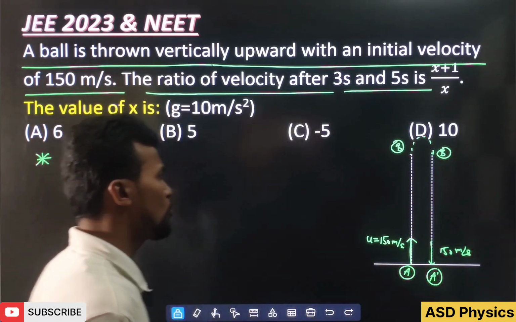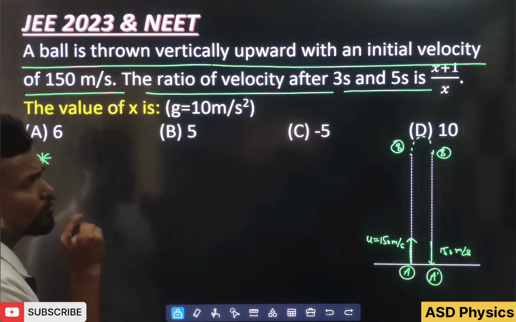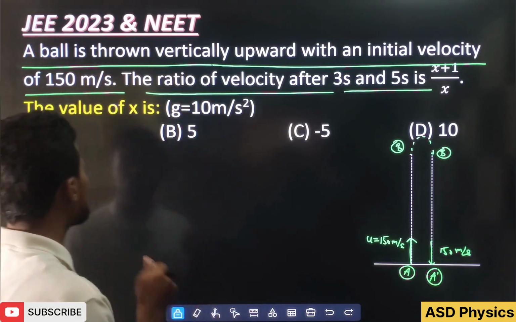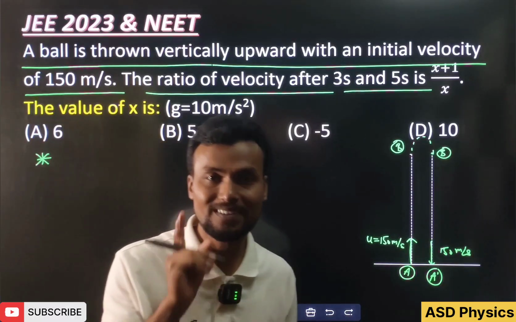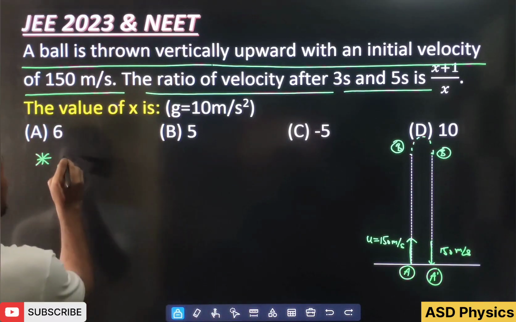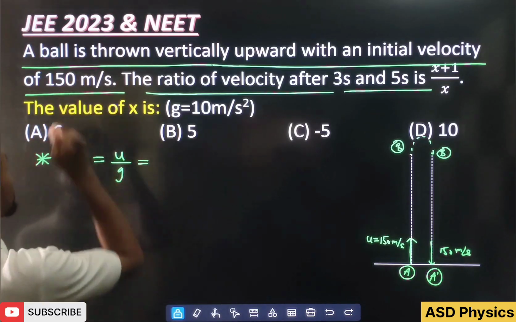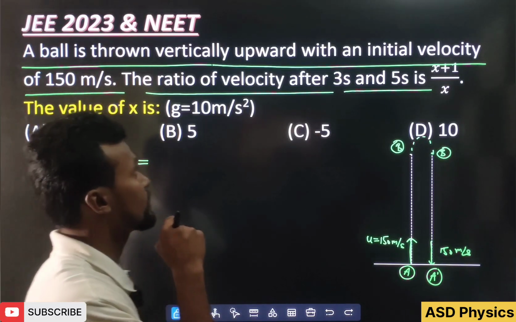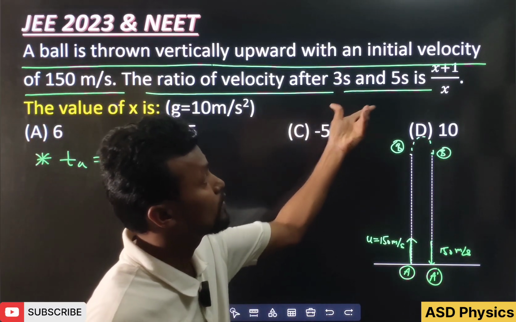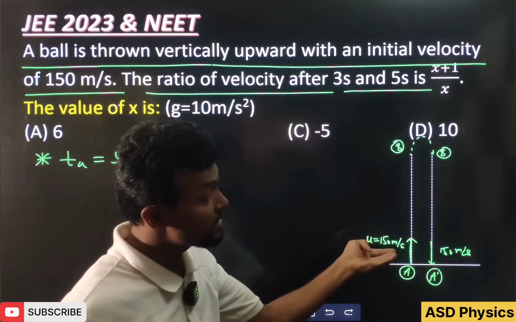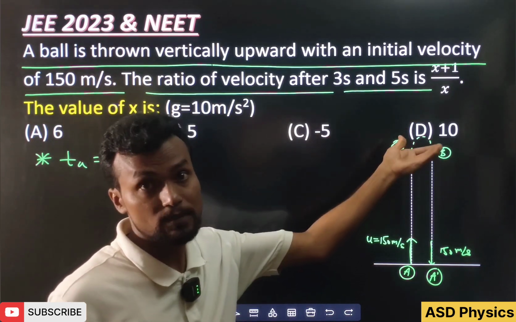Let's see the time taken to move from A to B. Time taken to move from A to B is called time of ascent. The time of ascent formula, what I have told you, is u by g. We have to identify where 3 seconds and 5 seconds will fall, maybe 3 seconds during up and 5 seconds during down.